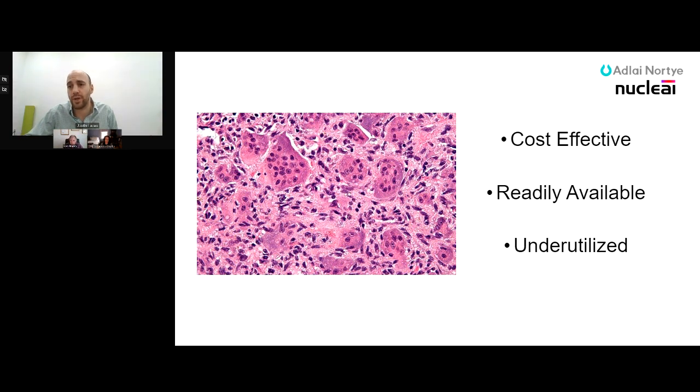So we don't need to rebiopsy or ask for additional material from the patients on the clinical trial, and it's heavily underutilized in the clinical setting. So the focus in working with Nucleai, this is a logical source of biomarker material to try and develop tests and assays to identify therapeutic response in the clinical setting.